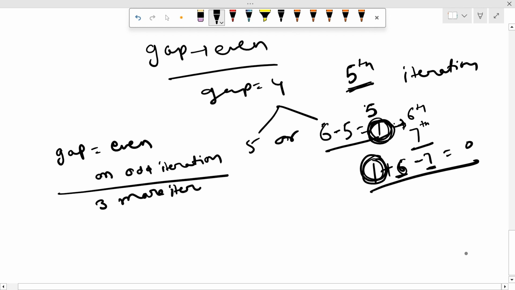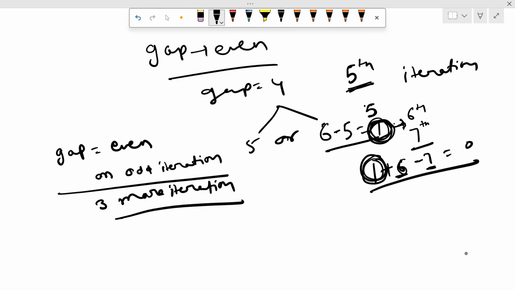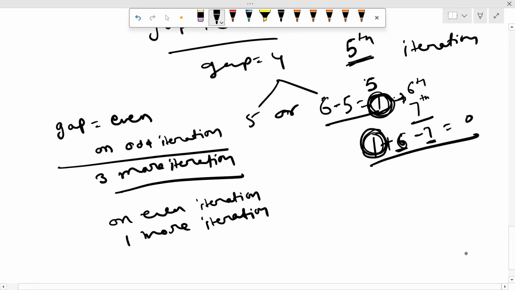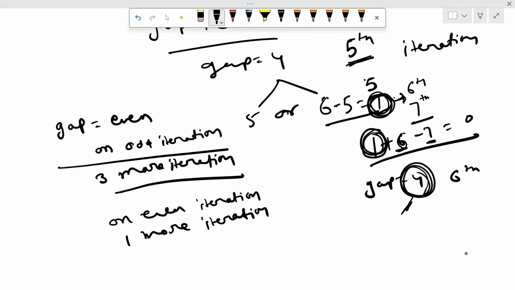Okay, and if we are on an even iteration, we need only one more iteration, because if our gap is 4 and we are on the sixth iteration, we can make it easily 6.